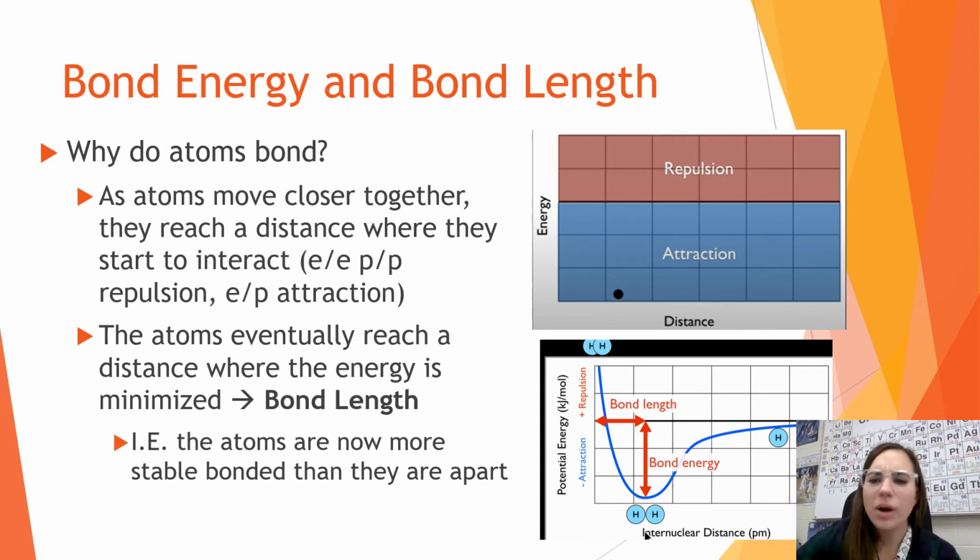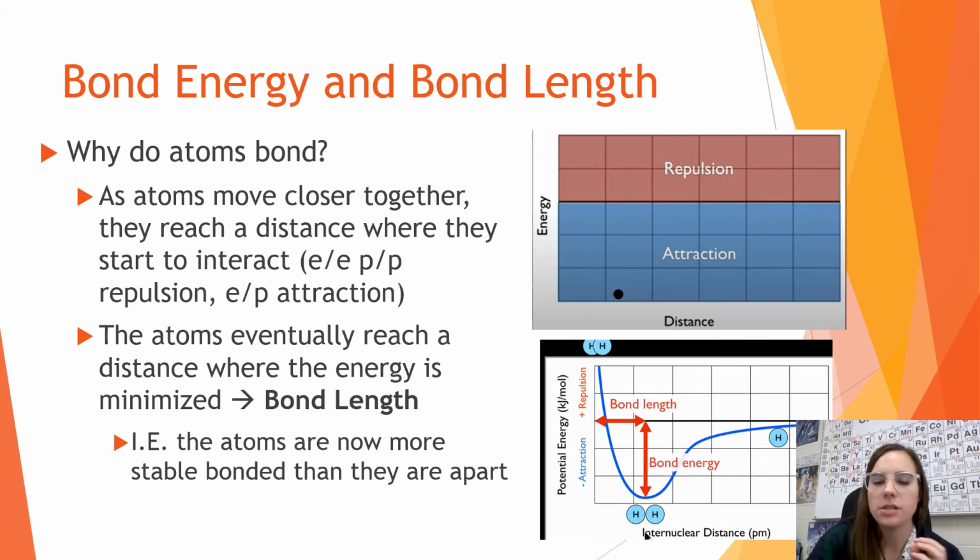So what makes atoms bond in the first place, and then in turn gives them certain lengths and strengths and whatnot? So when atoms are moving closer together, if they're too far apart, there's no attraction. But if they move close enough to be within each other's space, so to speak, as they get closer, they start to interact. There's going to be attractive forces, which are electron to proton, but there's also going to be repulsive forces.